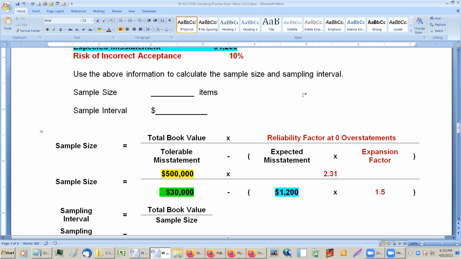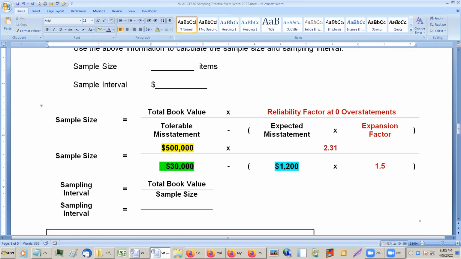I'm just going to do it up here. Okay, so the top one would look like this. 500,000 times 2.31 is, remember, $1,155,000. And down here, 1,200 times 1.5 is what, 1,800?